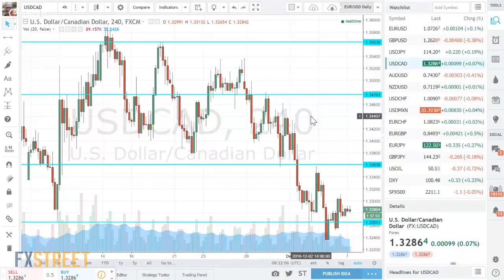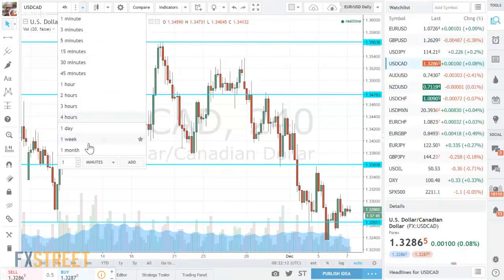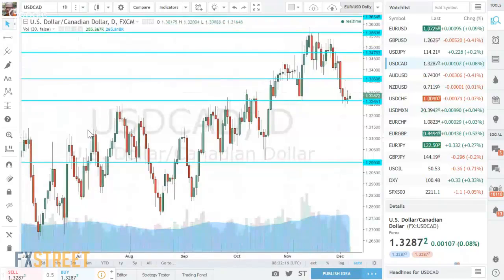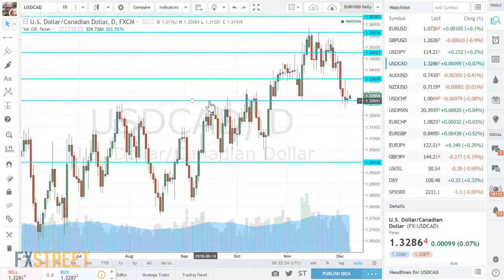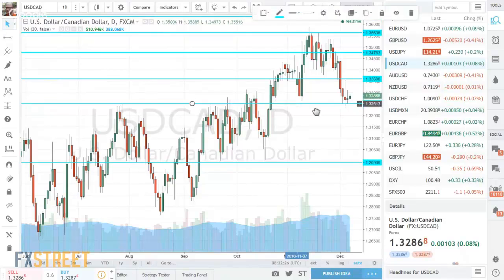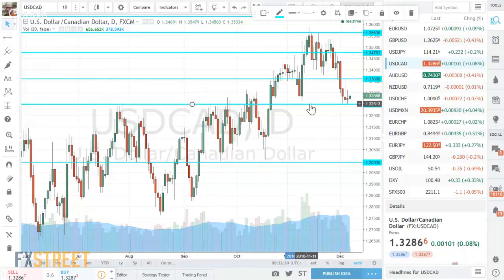Further below we have 130 as well, of course a round number, which also worked as support and resistance quite a few times. So I would say between 132.40, the current level, and 130, we have very few lines. This pair, as you can see, is quite choppy. Still looking for a direction.